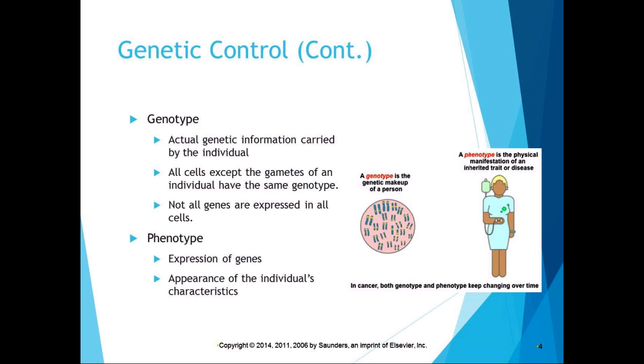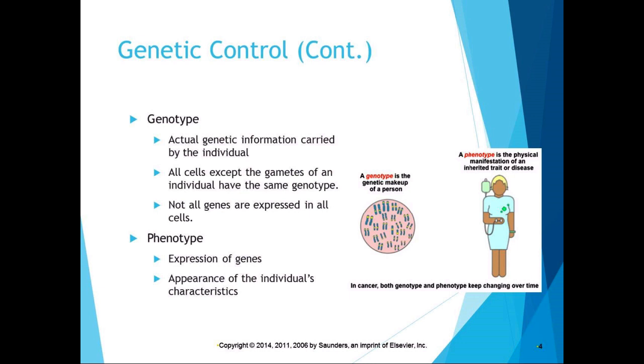Our genes do control all of our physical characteristics, such as eye color. That's always an example that's used, but also all of our metabolic processes, how we heal, how we form scars, how our connective tissue works. So that can affect a lot of processes in our body.